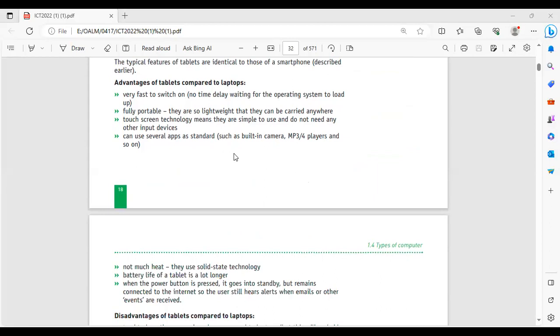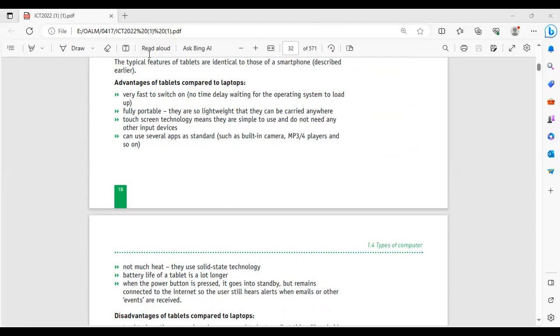Darish, can you explain the advantages? Yes. Basically, the advantages of tablets compared to laptops are that they are very fast to switch on, and it doesn't take so much time for the system to load.